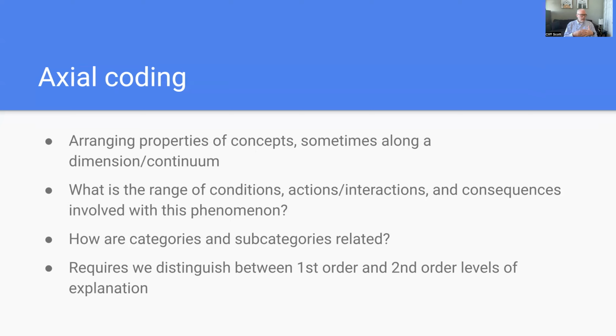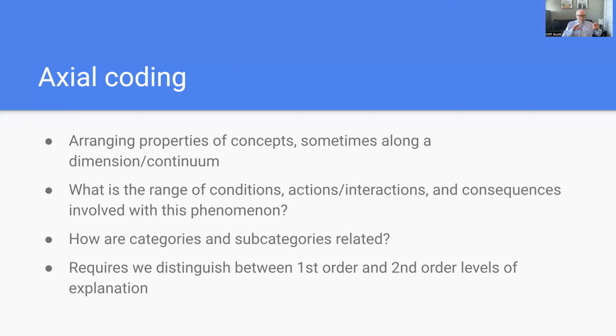So are we talking about different types of actions, different types of interactions? Are we talking about consequences? Are we talking about enabling conditions? You're trying to figure out, are there ways that we can connect these categories and further refine our understanding of the properties of these categories in ways that give the data some dimension?